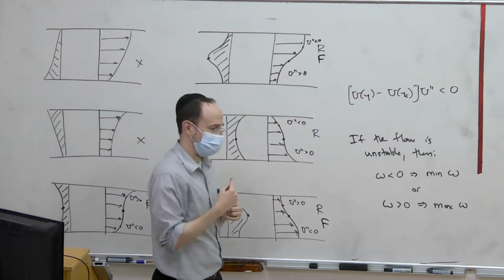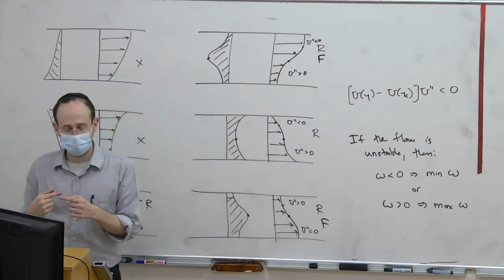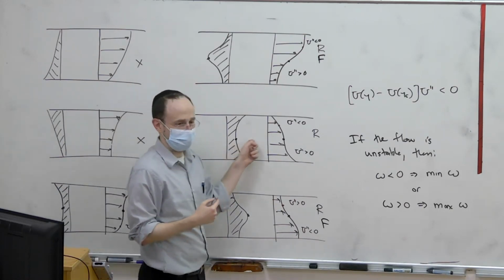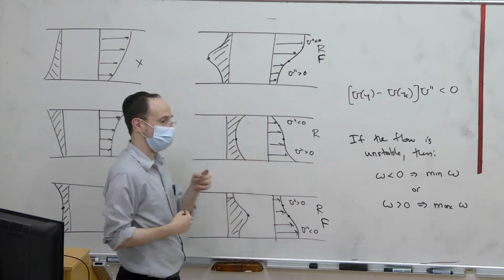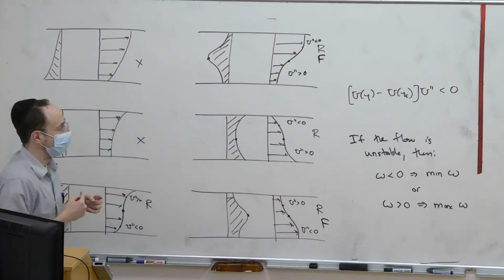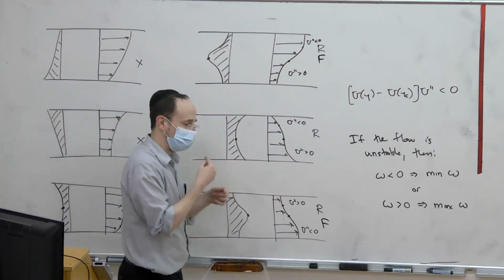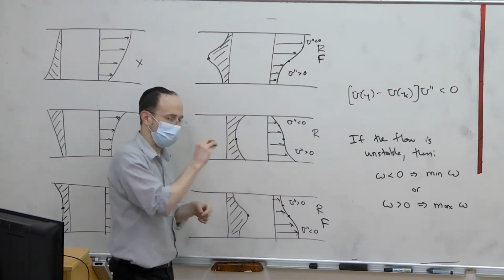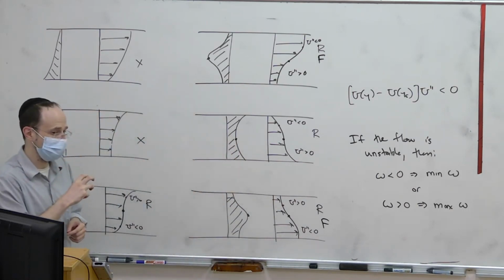And what we're going to look at next week is what happens in this feedback loop, because something very special happens. Depending on whether you have a maximum or minimum of vorticity, that feedback loop behaves very differently. And the question is, how does that feedback loop affect the ability of that small perturbation to grow or decay?